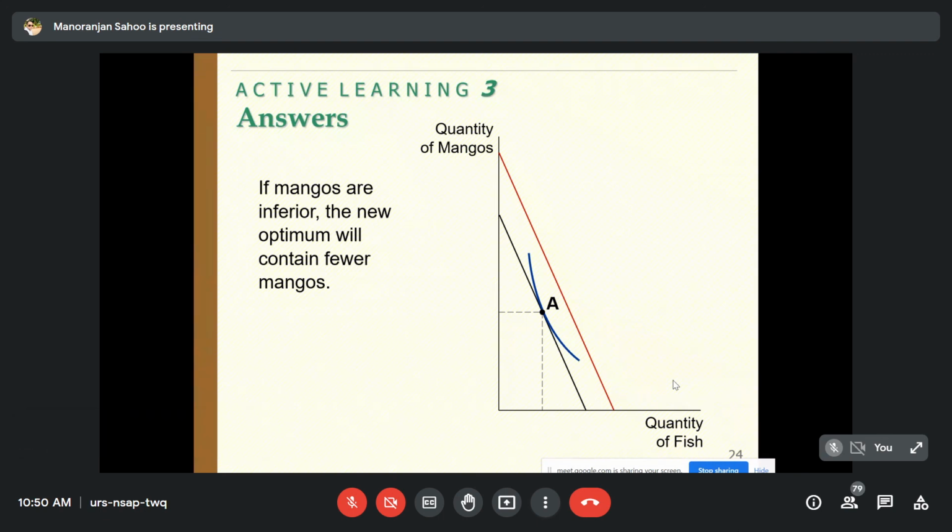As mango is the inferior good, when the consumer's income increases, there will be an outward shift of the budget line and there will be an increase in the consumption of fish, because fish here is the normal or superior good, and mango here is the inferior good. Therefore, with an increase in income, demand for the inferior good will decline.